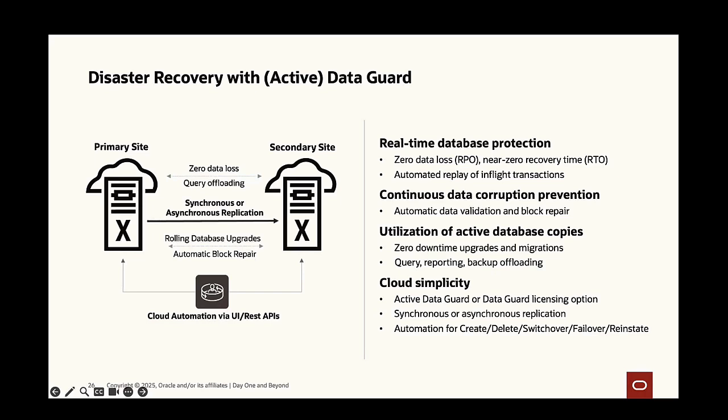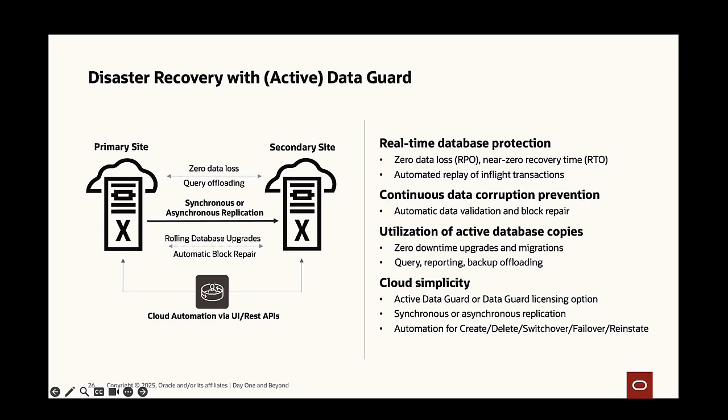You can also choose between synchronous or asynchronous transport of the data to the DR site, optimizing either for performance or for zero data loss. Data Guard can also provide continuous data corruption prevention. With active Data Guard, you can utilize active database copies for upgrades, so you're not just in read-only mode for the secondary standby database.